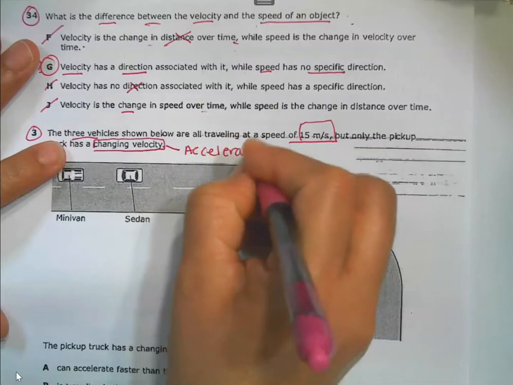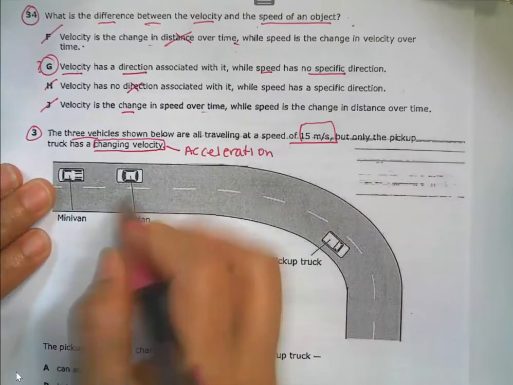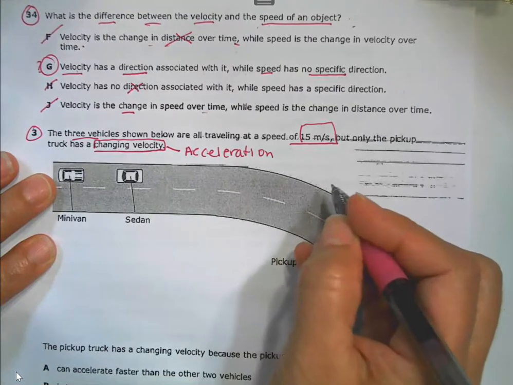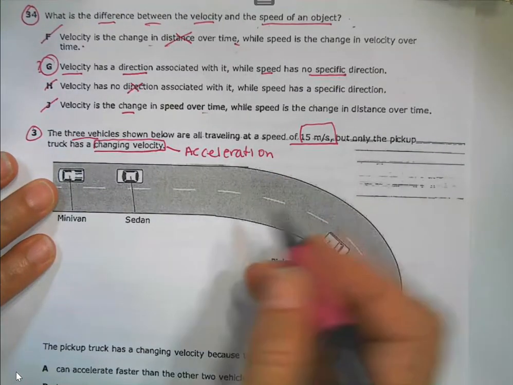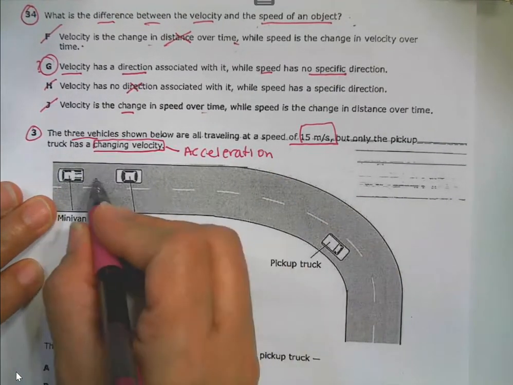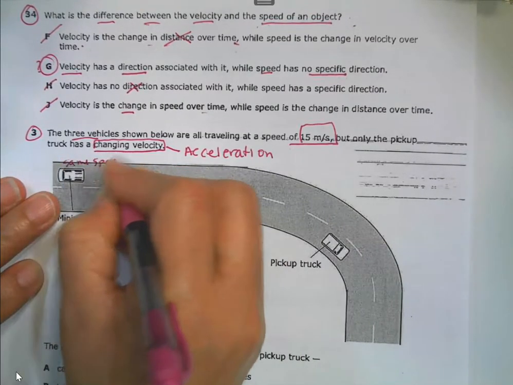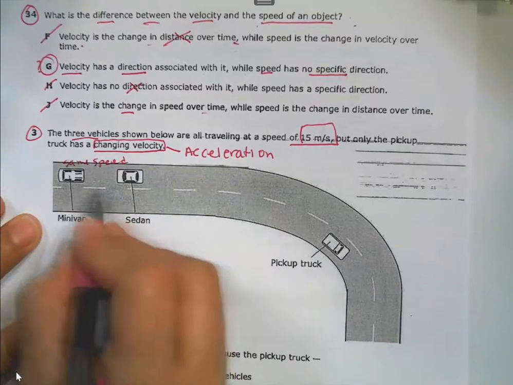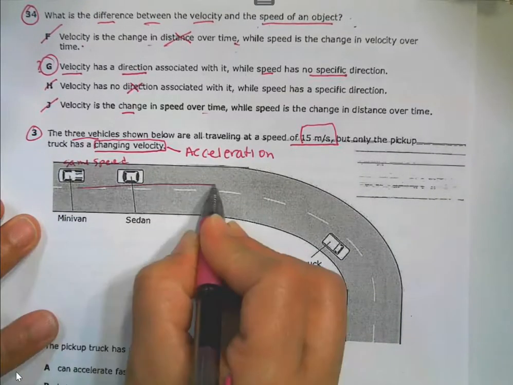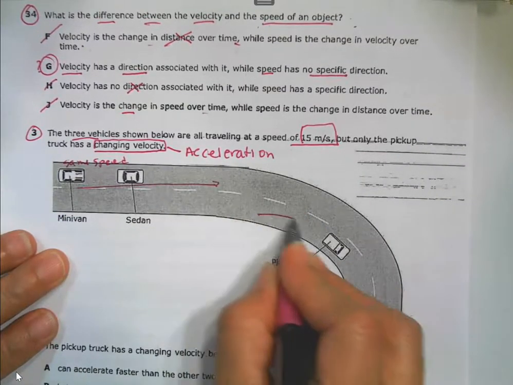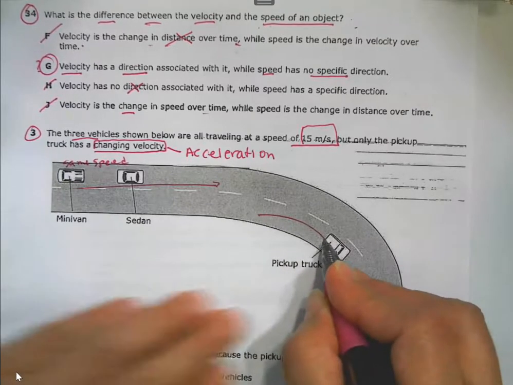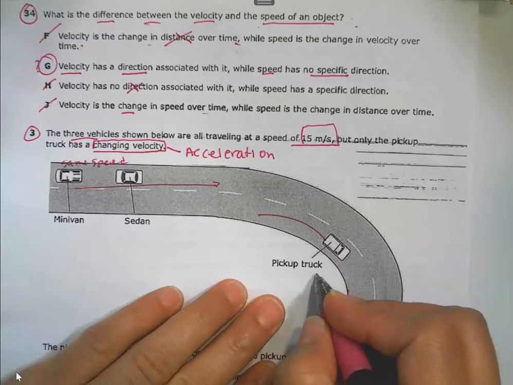So it's acceleration. Now, they're all going at 15 meters per second. So right here, they're going at the same speed, but these are going straight. This one right here changed direction. So this is the one that is accelerating.